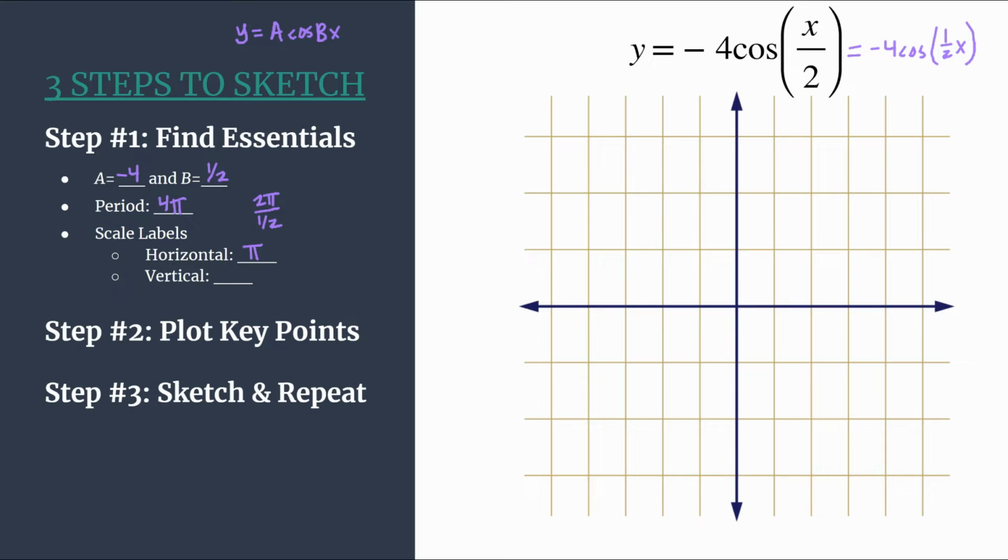And for the vertical axis, you can really do one of two things. You can use 1, that's completely fine, or you can look to A and use whatever that value is, of course, the absolute value of it. So in this case, I think I'm going to use 1 just because it'll really show that amplitude. All right, so let's go ahead and label. So we're counting by pi for the horizontal axis, so that's 1 pi, 2 pi, 3 pi, 4 pi, you could keep going if you wanted, and we'll do the same in the negative direction.